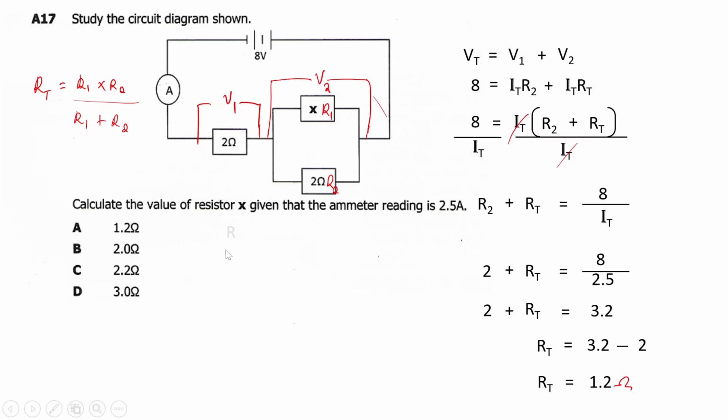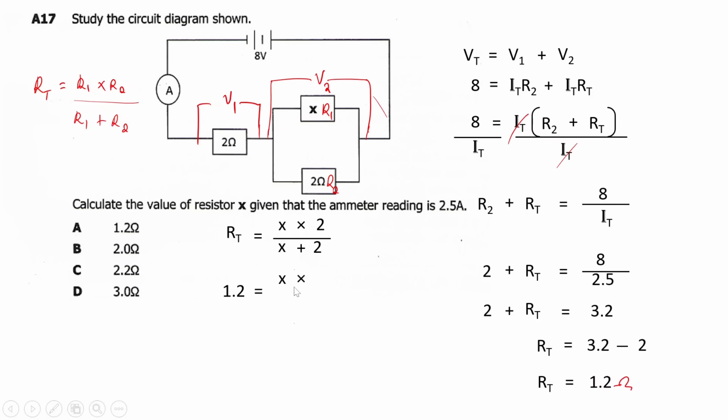So we'll say total resistance R is equal to, here resistor I got it as X, then times here 2, over, then here again I got X plus 2 here. Then here total resistance is already 1.2, so I put 1.2 equals X times 2, it will be 2X.